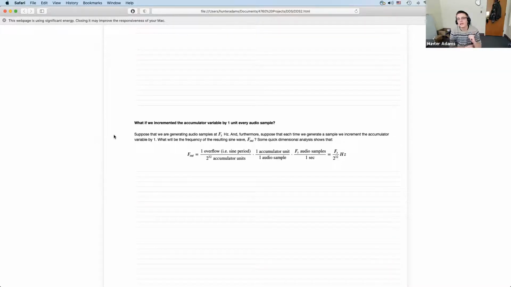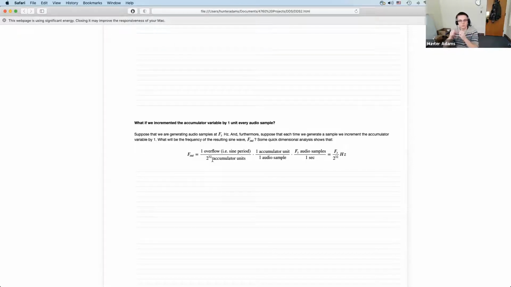Well, you can arrive at that output frequency just with basically dimensional analysis. So our output frequency here, which is measured in hertz, we can calculate by changing units. So this is a series of unit conversions. We're going to start with units of overflows. So we have 1 sine period, which is to say 1 overflow of the variable, every 2 to the 32 accumulator units.